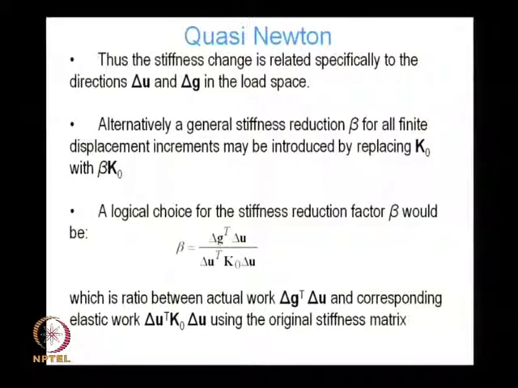Why is that? Because delta U transpose K0 delta U is like the elastic work. Suppose that the material is elastic, which it may not be.